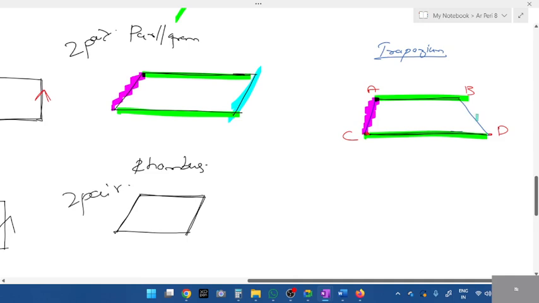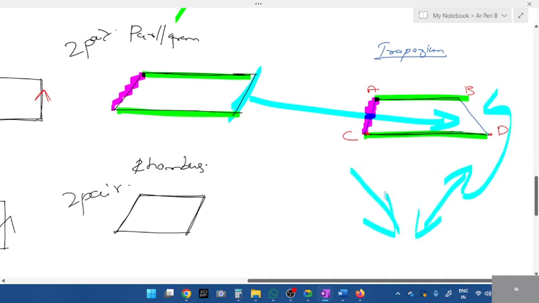Do you think they're in the same direction? These two lines? No, right? So this is how trapezium is different from the other diagrams of quadrilateral. In trapezium, any one line will be in a different angle. It is actually supposed to be like this, but look at this. It is turning the other side.